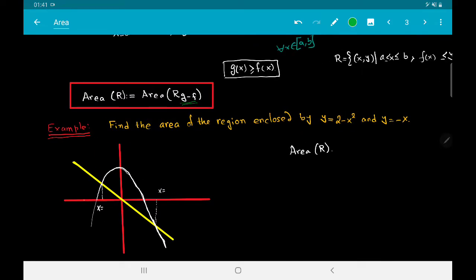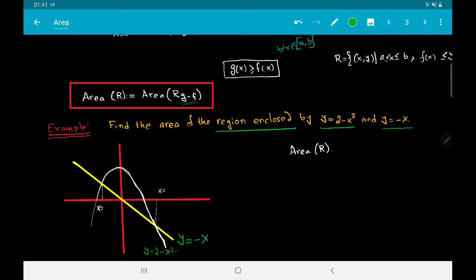Here we are interested in finding the area of the region which is enclosed by the graph of the function y equal to 2 minus x squared and the function y equal to minus x. Note that this line, depicted in yellow, is the graph of the function y equal to minus x, and of course the parabola is given by y equal to 2 minus x squared.